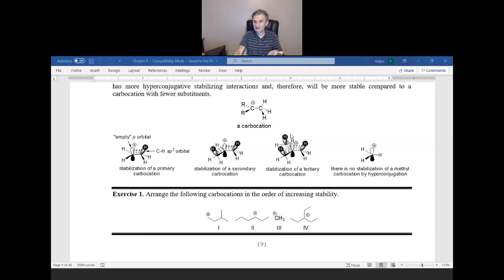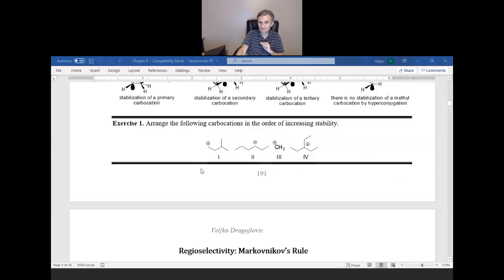That's why tertiary is by far the most stable. In methyl, there is no possibility of stabilization by hyperconjugation, so that one is an extremely unstable carbocation. So you need to know what the phenomenon of hyperconjugation is and how it operates, how it is responsible for the observed stability of carbocations.